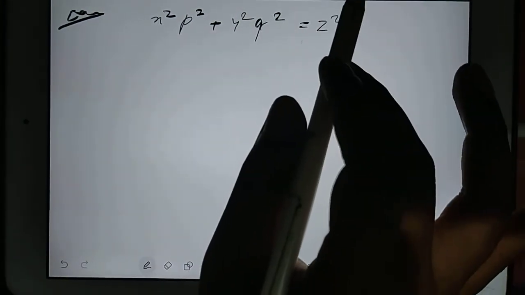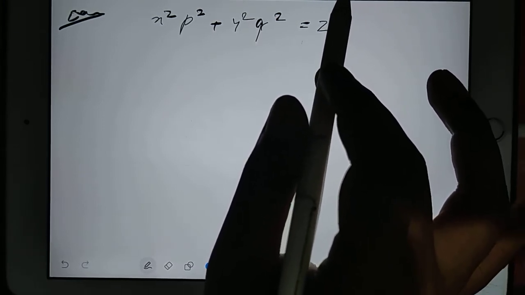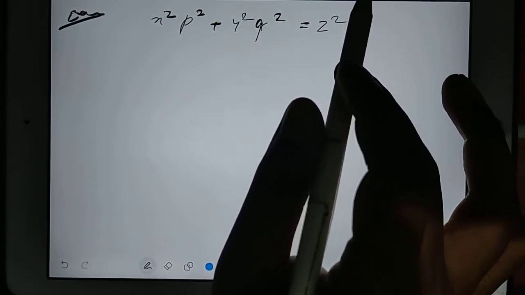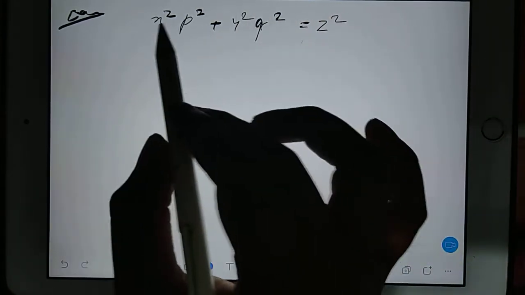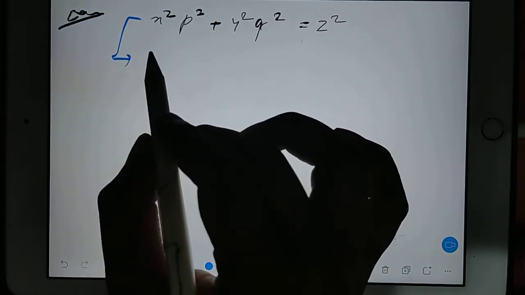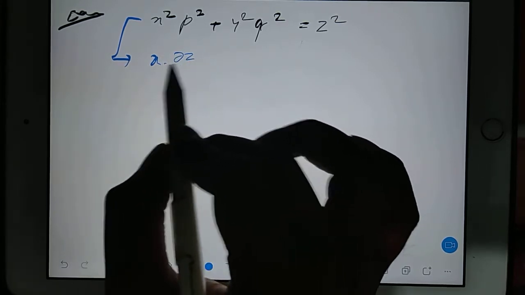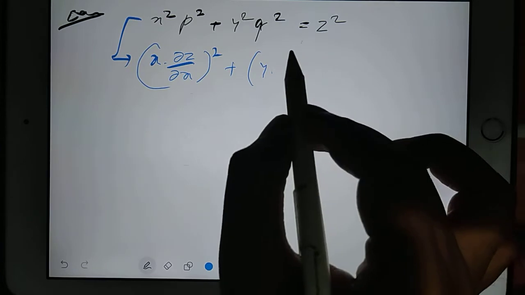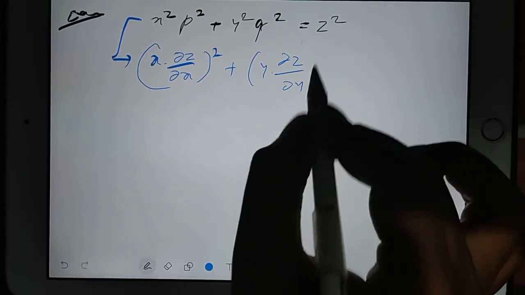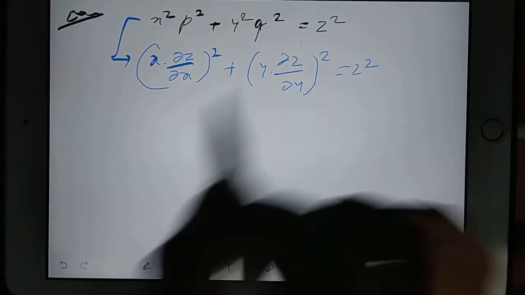Okay, we have to solve this equation. So first of all, we have to make the format. So how will you make the format? Let's make this format. This you can write as x dou z by dou x whole square, plus y dou z by dou y whole square is equal to z square.